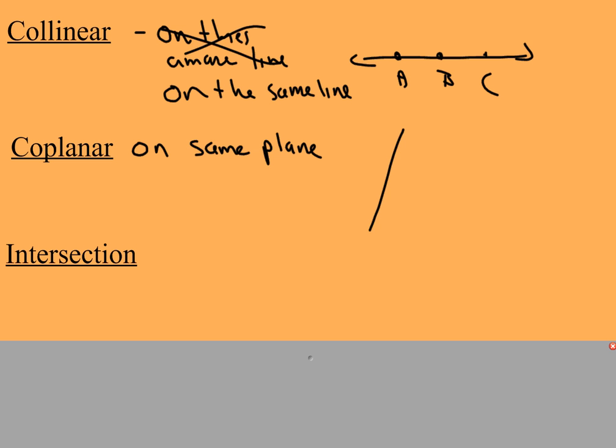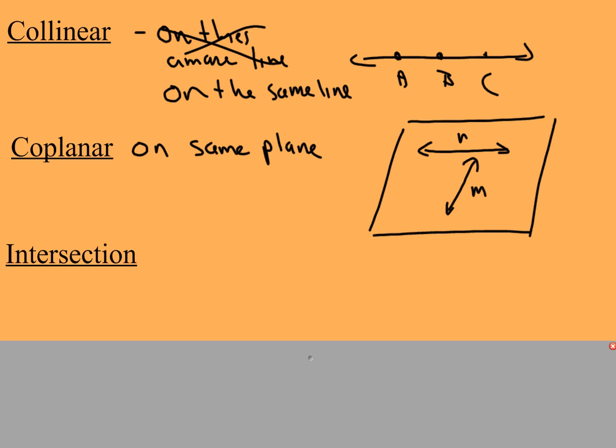If you haven't figured it out yet, this is how we sketch a plane. If I have this line and this line, these two lines are said to be coplanar. Sometimes they'll put a little letter next to the line to mark it. So I can say lines N and M are coplanar.